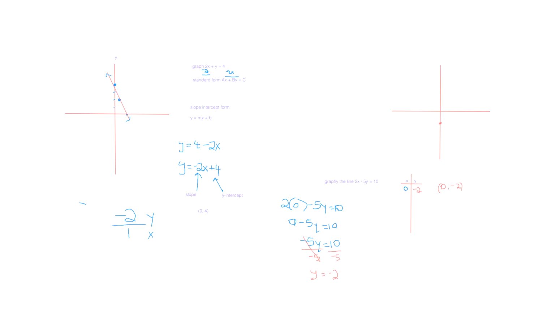We ended up getting y equals 2 over 5x minus 2. Okay. So the y-intercept is -2, and the slope is 2/5, so we went up 2 and to the right 5.